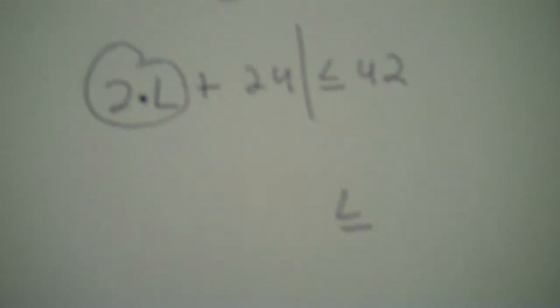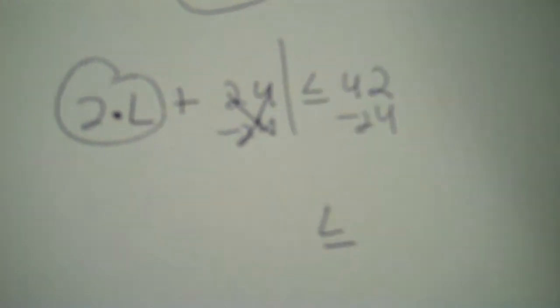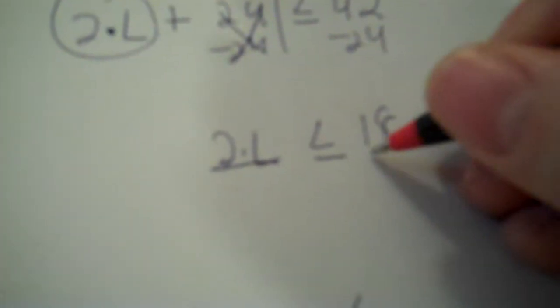You have to take out the plus 24 by subtracting. So 42 minus 24 is 18, and then 2 dot L. Divide each side by 2. 18 divided by 2 is 9. Okay, so graph it, so you have 9. Circle, fill it. Shade the numbers, so that would be this way.